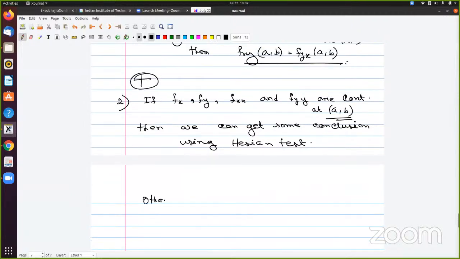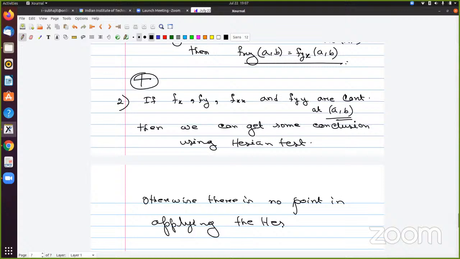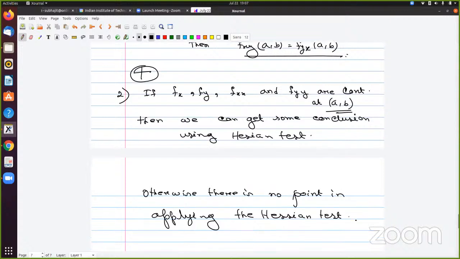Otherwise, there is no point in applying the Hessian test. This is one thing.